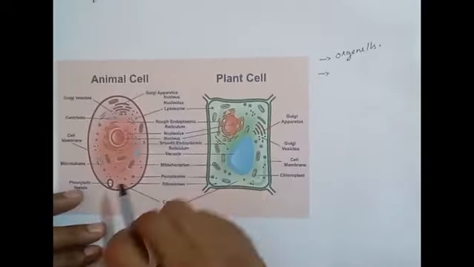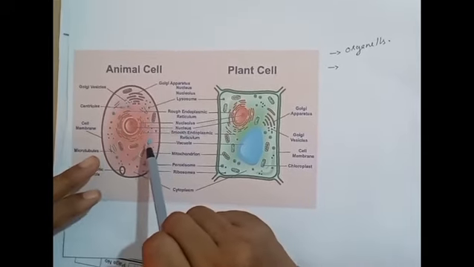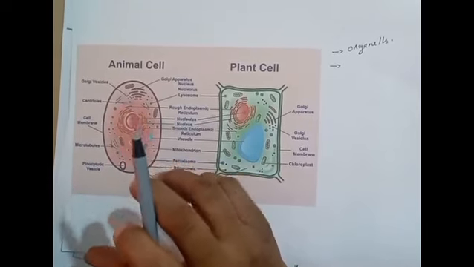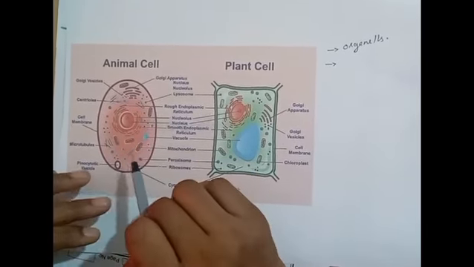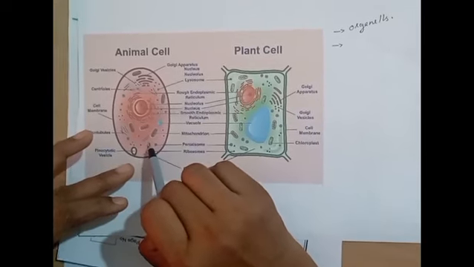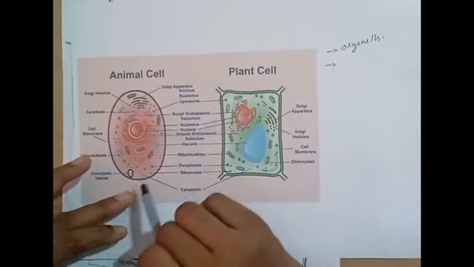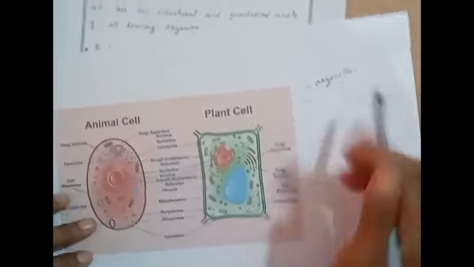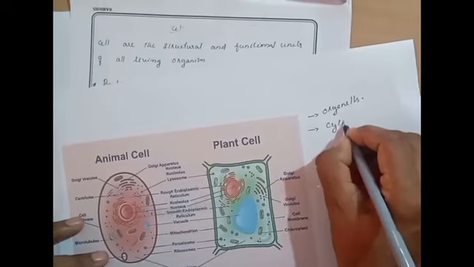Inside the plasma membrane there is a semi-fluid liquid structure. This semi-fluid structure is called cytoplasm.